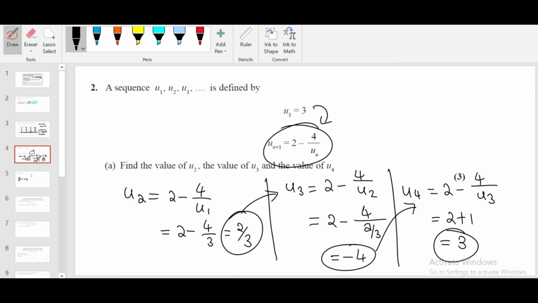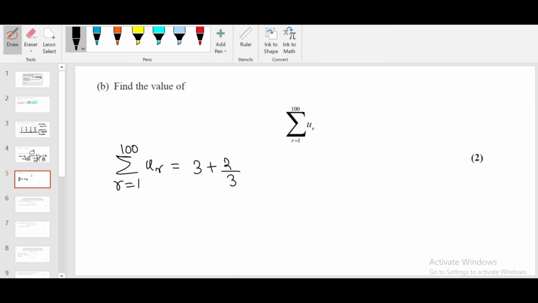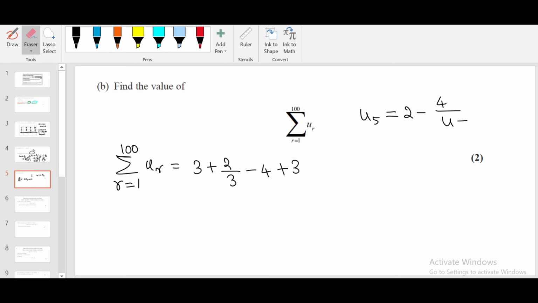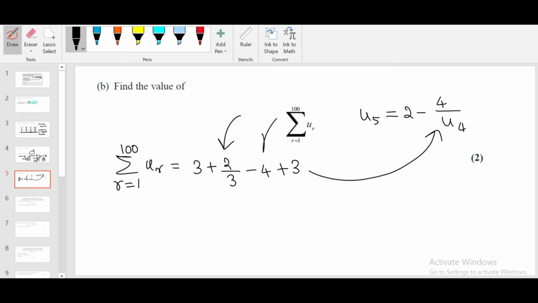U3 is minus 4. U4 is 3. And then if you try to find U5 using the recurrence relation, you are going to use 2 minus 4 over U4. You need to sub in the value of U4 here. So when you sub in, it's the same as finding U2. You are going to get 2 over 3 and then minus 4.